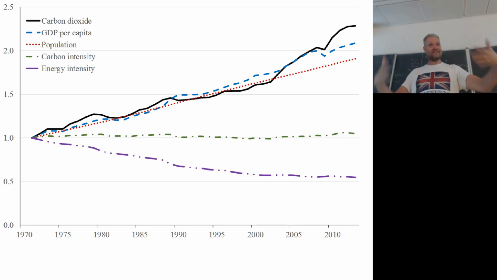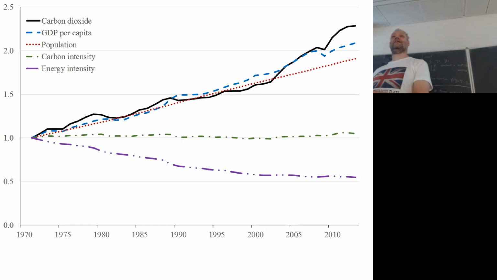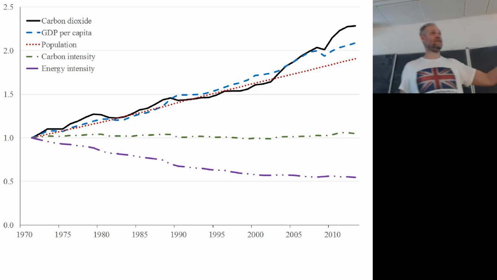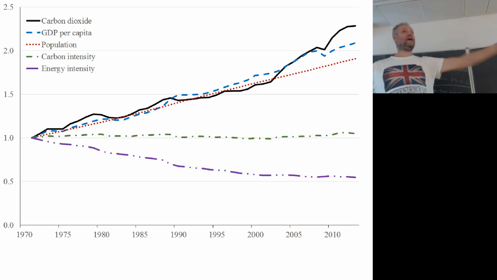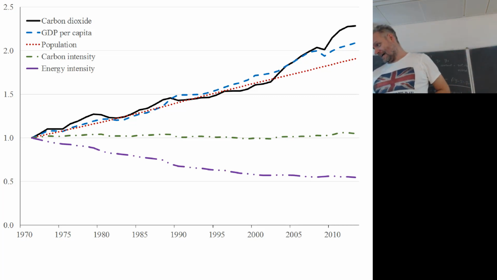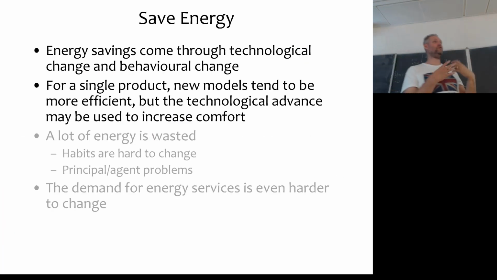There is a good reason, if you're making things or if you're using things, to save on energy, because it's a cost, right? And that explains why this trend is there. Now that is true for every single product, that if you look at a product and you compare like with like, then they become more and more energy efficient over time.